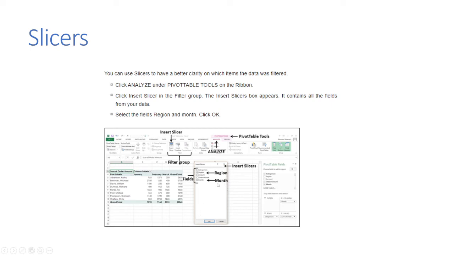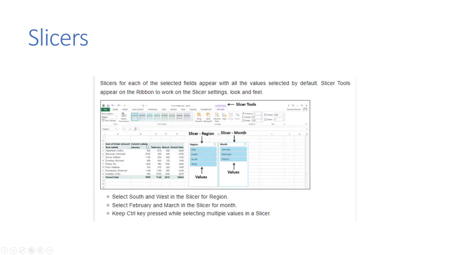It contains all the fields from your data. Select the fields region and month and then click OK. Slicers for each of the selected fields appear with all the values selected by default. Slicer tools appear on the ribbon to work on the slicer settings, look and feel.